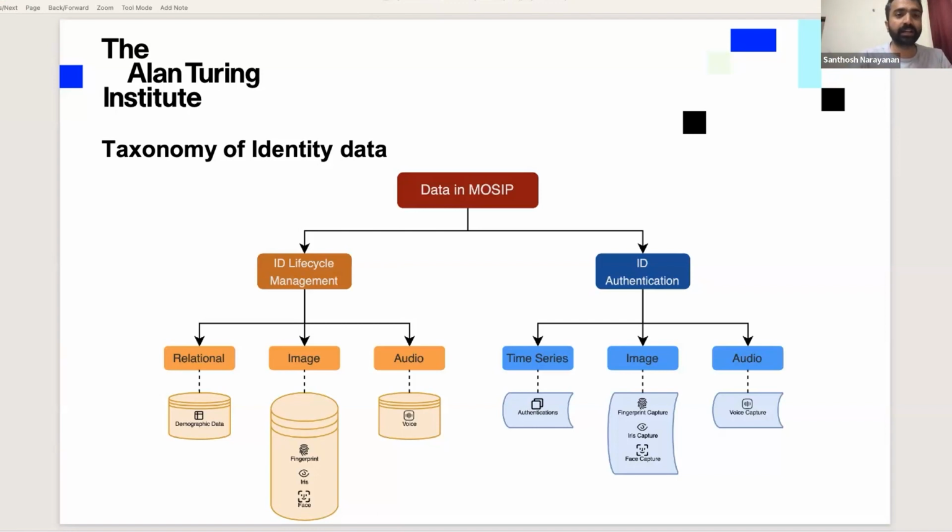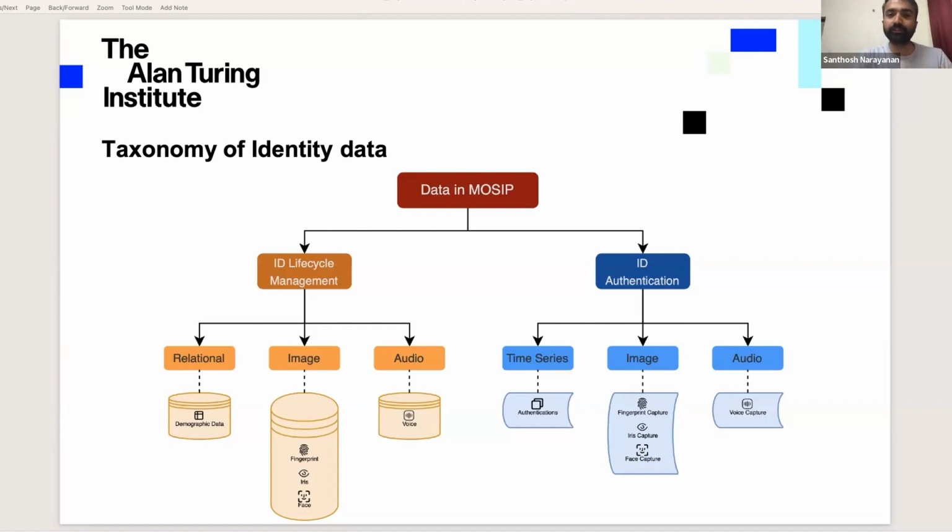In ID lifecycle management, you can think of them as static data. So this captures all your data that is collected during your registration phase, for example, your tabular data that includes your demographic information and other sorts of biometric information, including fingerprints, iris, face, and even voices, which is going to be rolled out in the future.